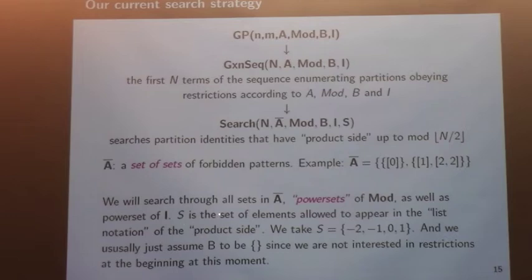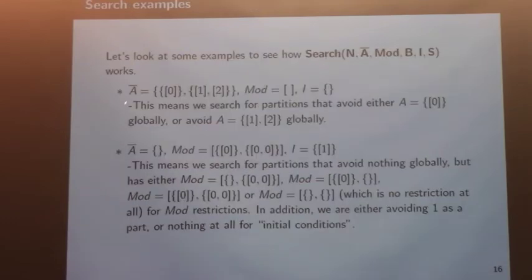This S is the set of elements allowed to appear in the list notation of the product side. Again, we only allow -2, -1, 0, and 1 to appear. And we usually just assume beginning restrictions to be the empty set, since we are not too worried about beginning restrictions right now. Okay, some examples.